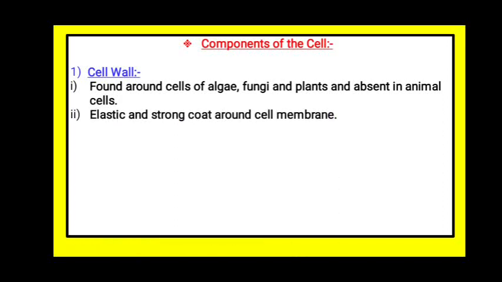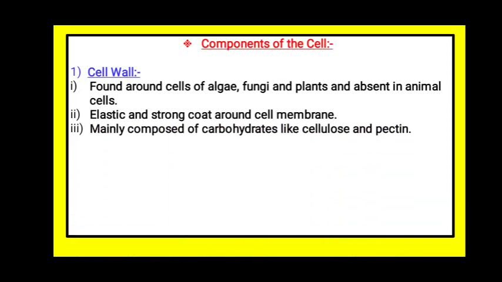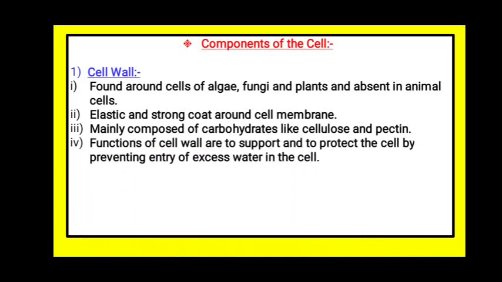The structure of cell wall: it is elastic and has a strong coat around the cell membrane. It is mainly composed of carbohydrates like cellulose and pectin. The main functions of cell wall are to support the cell and to protect the cell by preventing entry of excess water in the cell. So to avoid the excess water entering into the cell, cell wall avoids doing that.